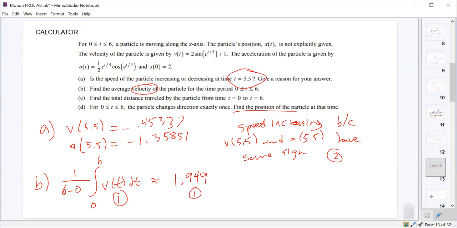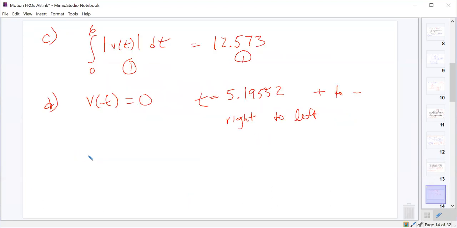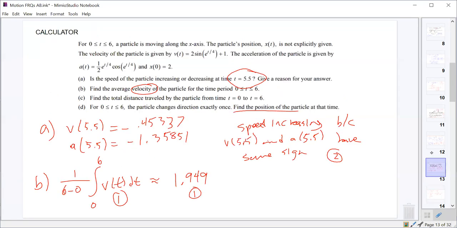To find the position, that is the initial position plus the displacement. Our displacement is the integral from 0 to 5.19552 of the velocity. And then we need to add our initial condition, that when t equals 0 the position was 2.